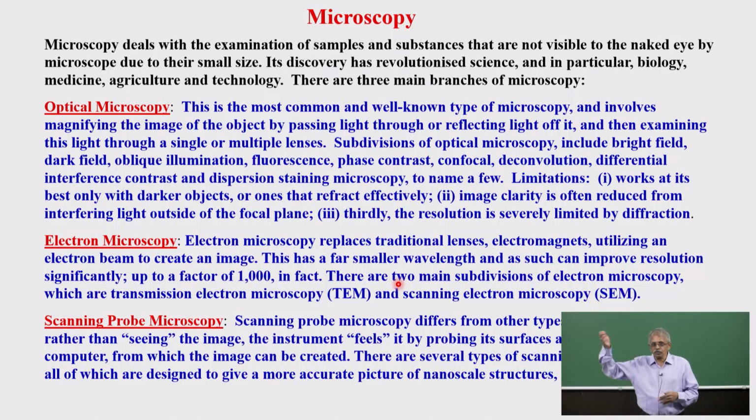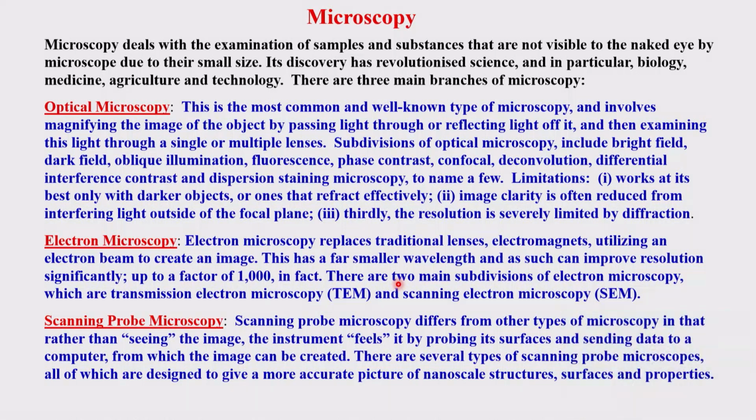So light itself brings 1000, and another 1000, so 1000 times 1000 is a million, but you still require much more than that. Several million will make the smaller objects visible and imaged. That is where electron microscopy comes in.